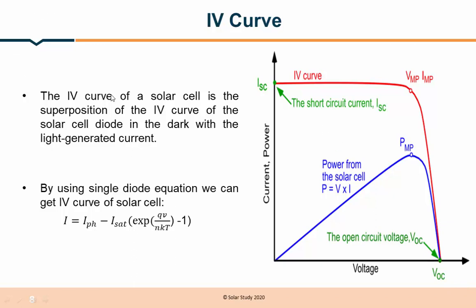That is called the IV curve or IV plot of the solar cell or basic diode. By using this single diode model, we will get the IV curve of the solar cell. So we will see the IV curves. This is the diode. What is the IV curve?